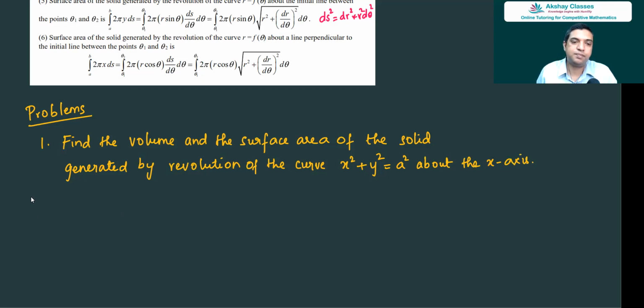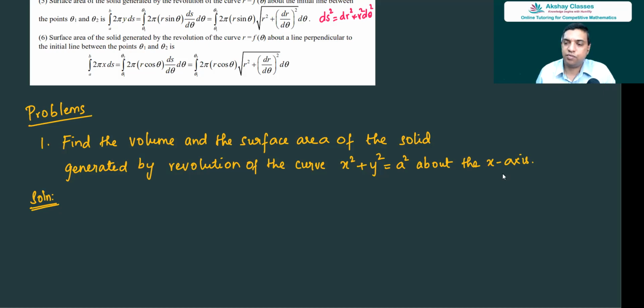About the x-axis. So we know x-axis is a diameter, and if we rotate a circle about its diameter, the solid of revolution that is generated is a sphere of radius a.